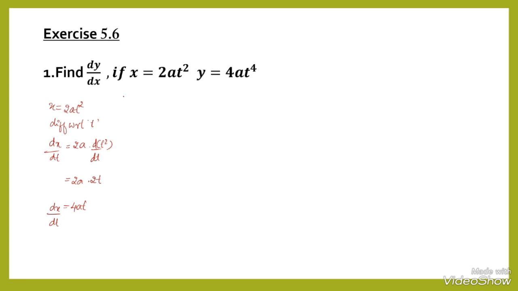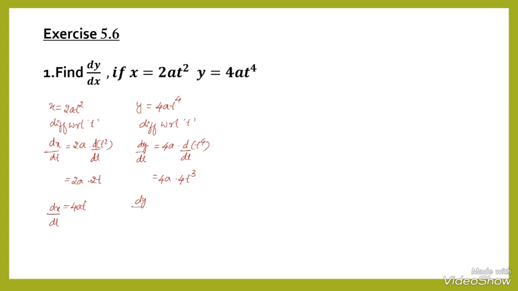Again, we want y. y is equal to 4at to the power 4. Differentiate with respect to t, then dy by dt is equal to 4 into a into differentiation of t to the power 4, which becomes 4 into t cube.